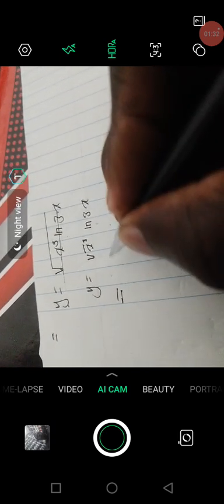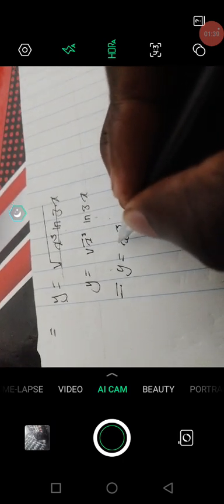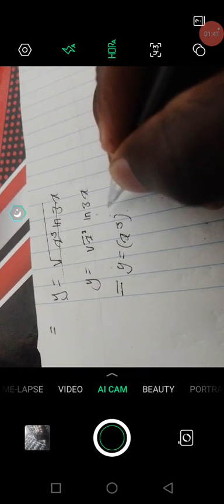So how, and which way? I want to arrange it properly to create more room of understanding for someone else. So I say y is equal to x to the power 3, right? In this square root, you notice the same applies, 1 over 2, then the natural log of 3x.